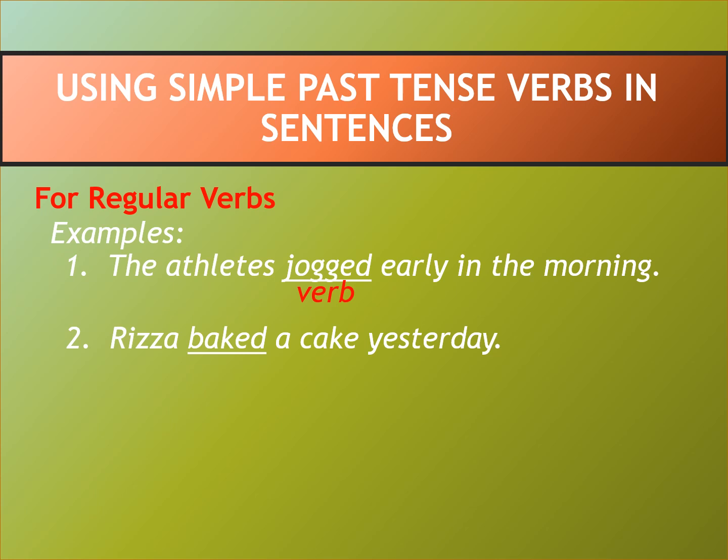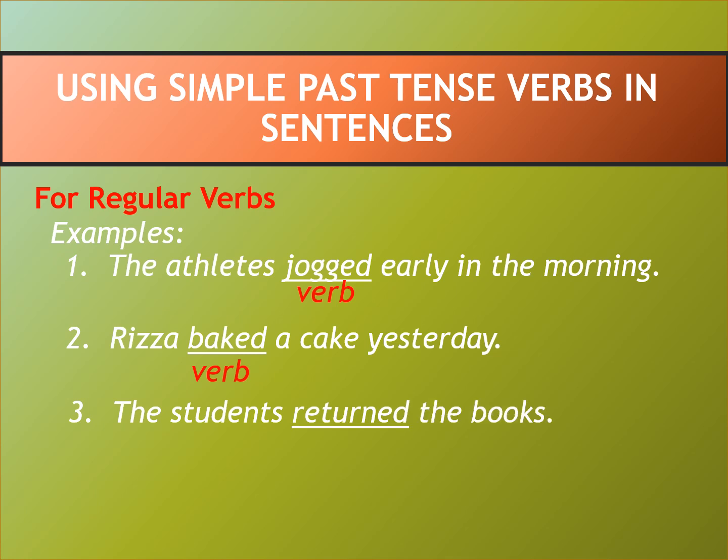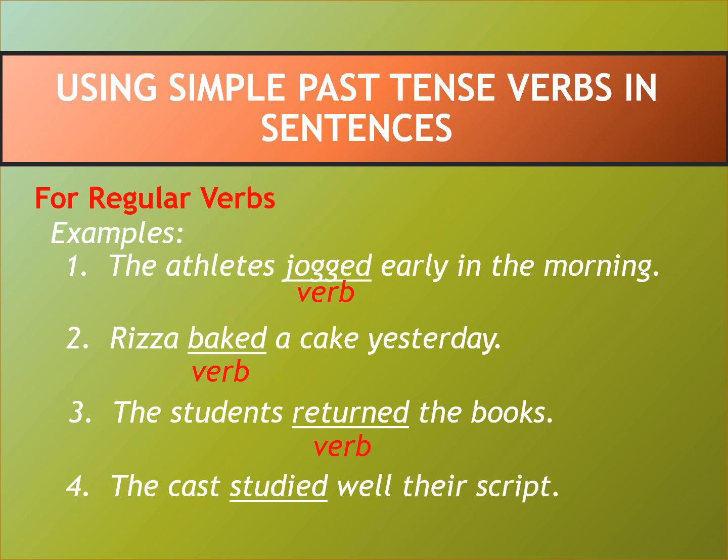Here, the verb is baked. Number 3, the students returned the books, and the verb here is returned. And lastly, number 4, the cast studied well their script, wherein the verb here is studied.